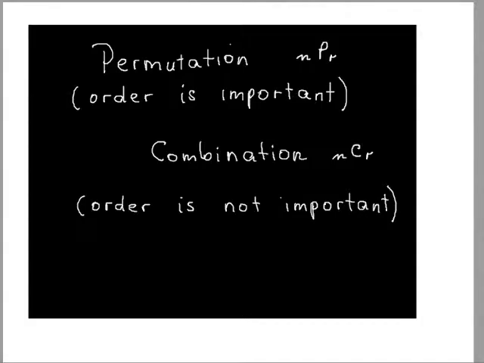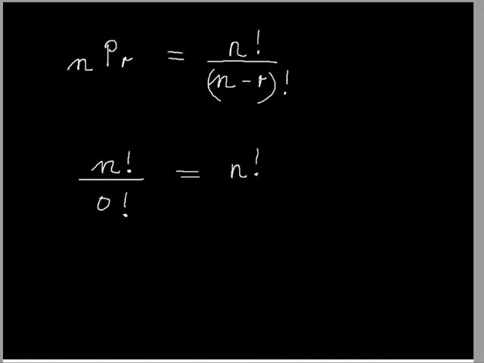For combination, it is the number of ways of selecting an event, object, or number where order is not that important. So let's get started with permutation. The general formula for permutation is nPr. Both n and r are written as subscripts, where n represents the total number.